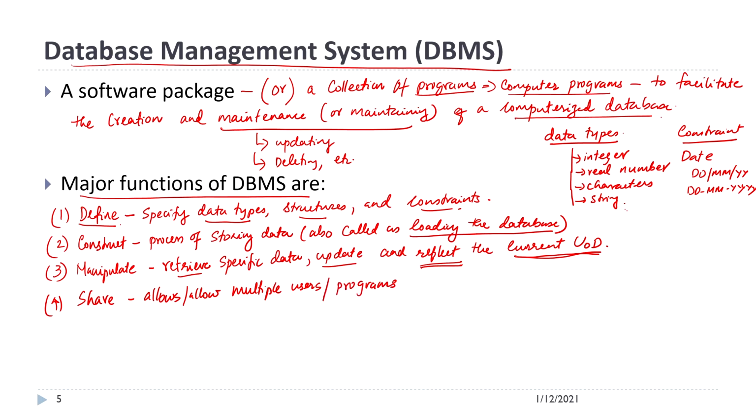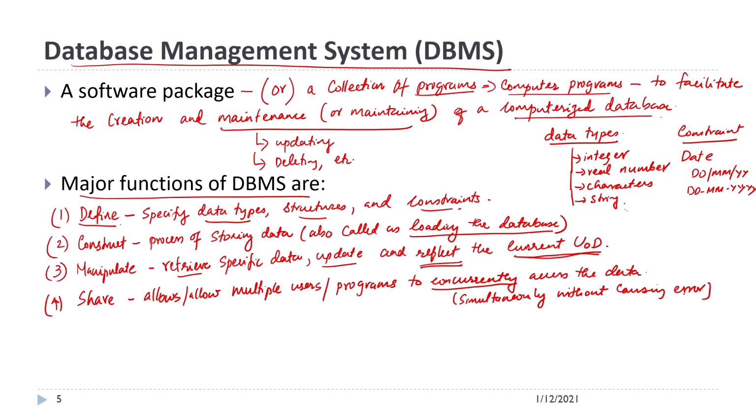It does not have to be an individual human being, it can also be a computer program, to concurrently access the data. So, concurrently also means simultaneously, without causing error.